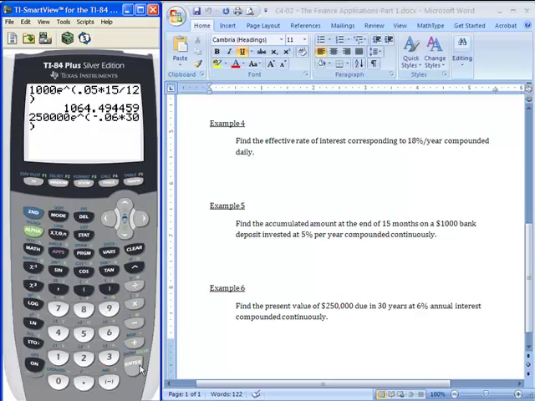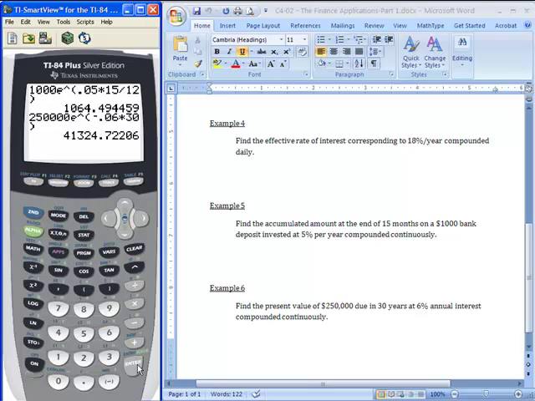All right, now we're going to press enter, and we find out that $41,324.72 is the answer.